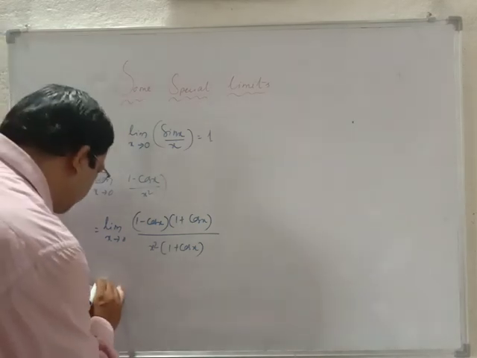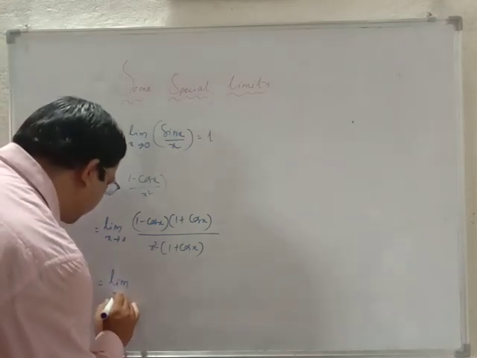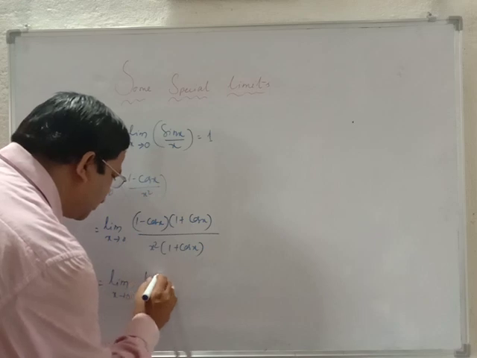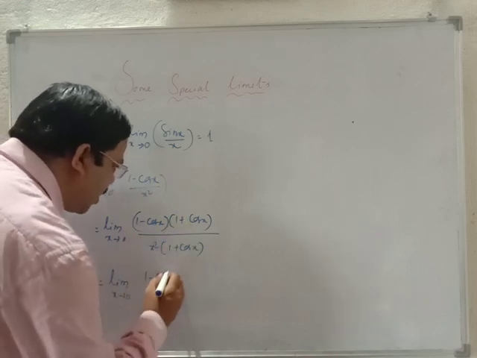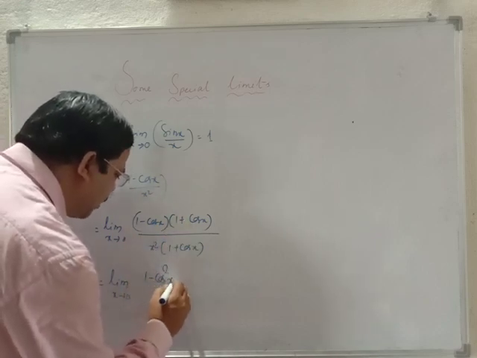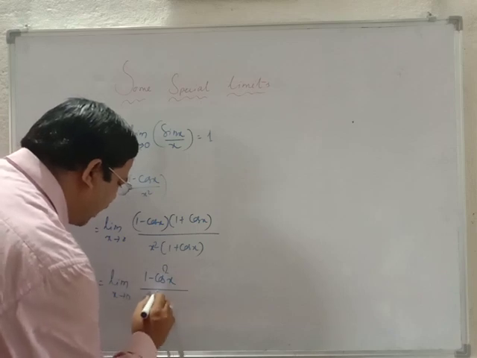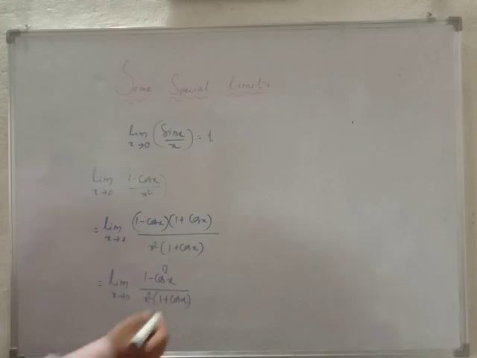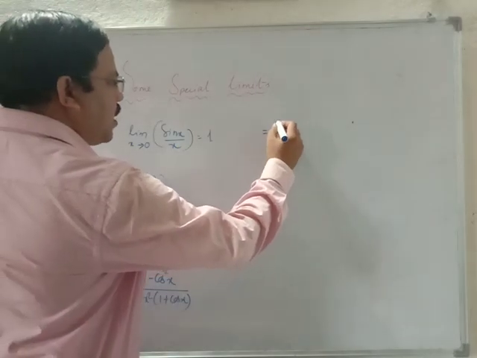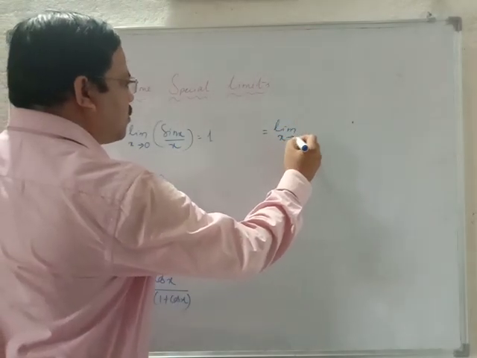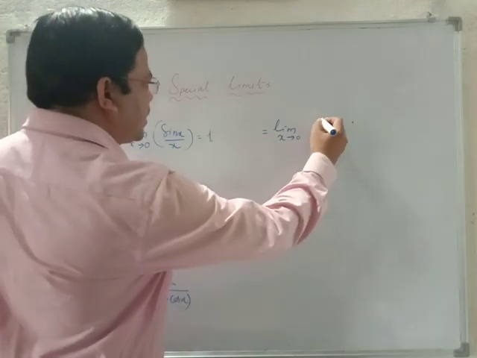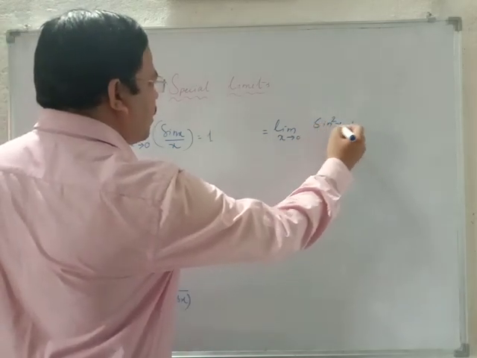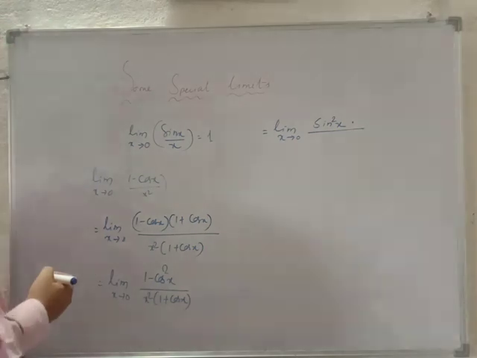So this is equal to limit x tends to 0, 1 minus cos x into 1 plus cos x, which is 1 minus cos square x, by x square into 1 plus cos x. Now 1 minus cos square x is surely sin square x, because sin square x plus cos square x equal to 1.